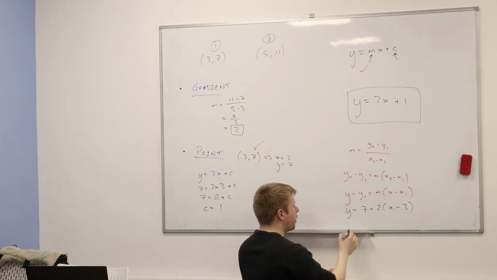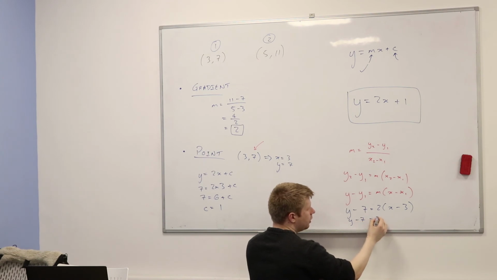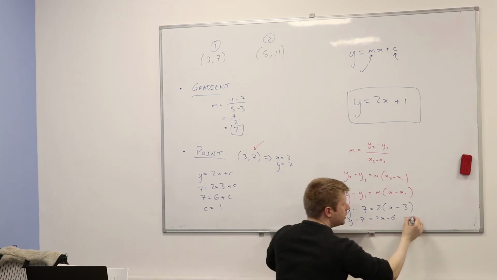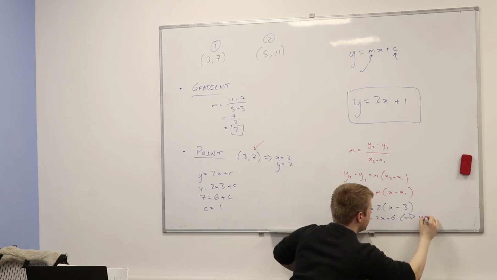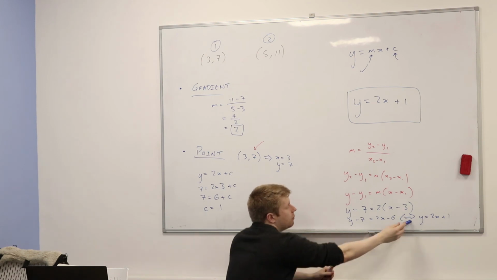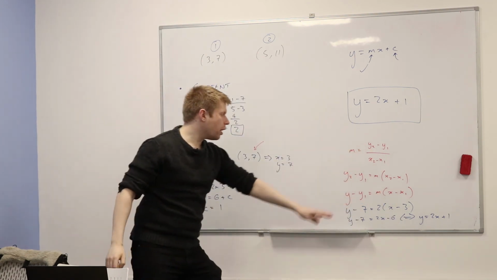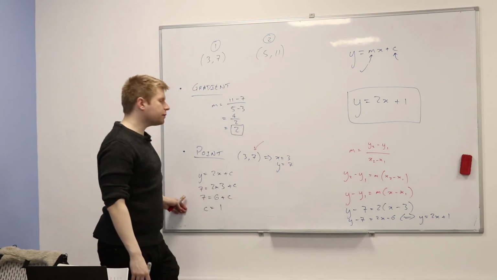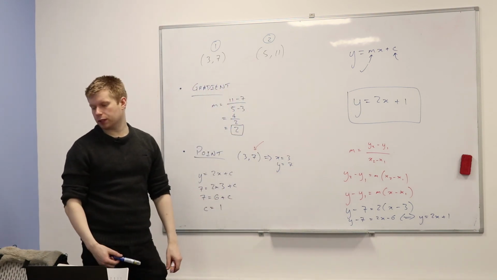And if I do a bit of rearranging, I get y minus 7 equals 2x minus 6. If I add 7 to both sides, I get y equals 2x plus 1, okay, which is exactly the same formula as this. So if you prefer this method, if you've seen this one before, that's totally fine. Okay? If you prefer this method, that's totally fine as well. Doesn't matter which one you use.